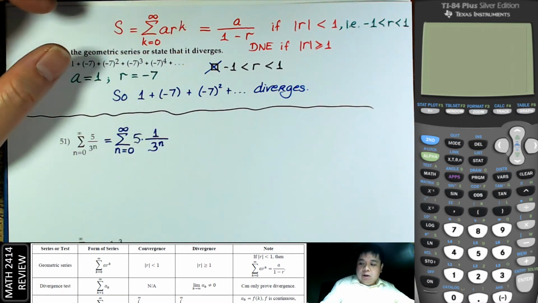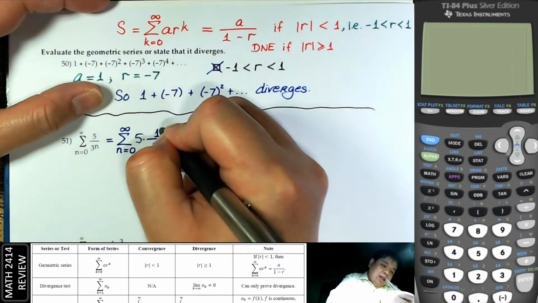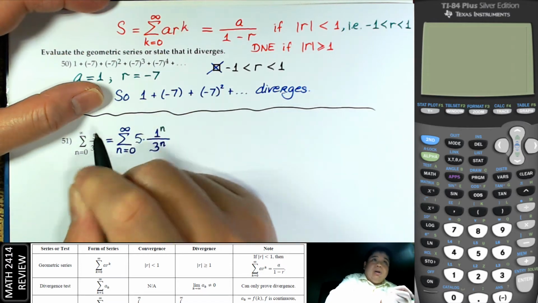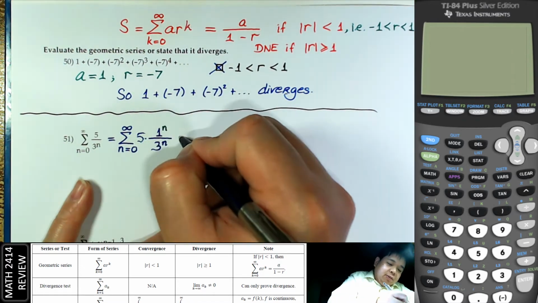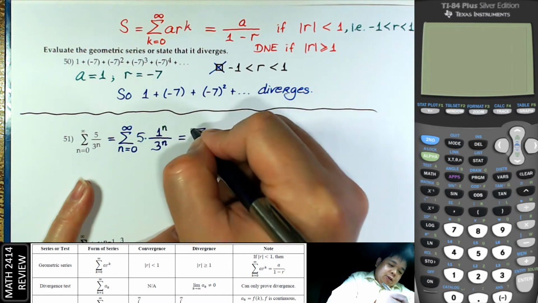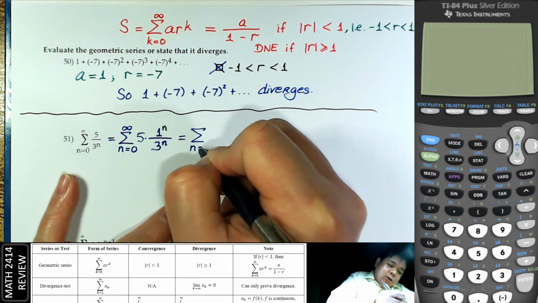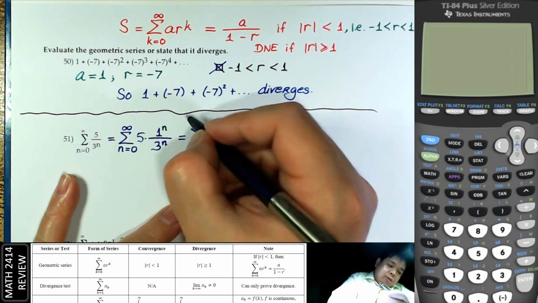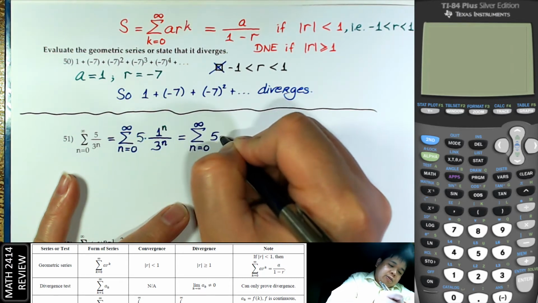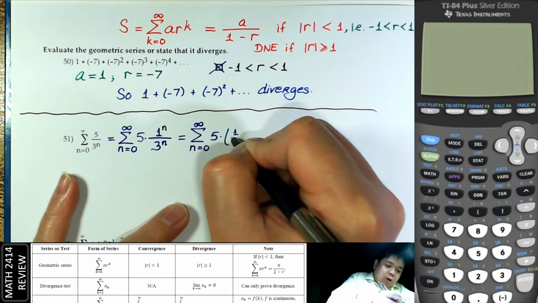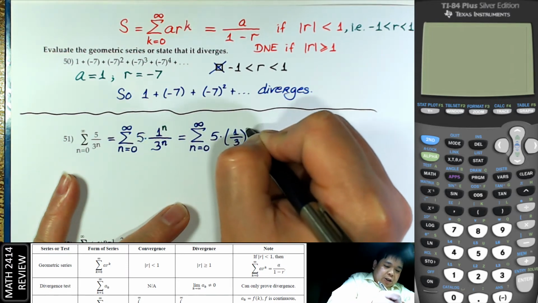Now 1 over 3 to the n. We can say 1 to the n also, because 1 raised to any power is still 1. So we have n equal to 0 to infinity, 5 times 1 over 3 to the n power.